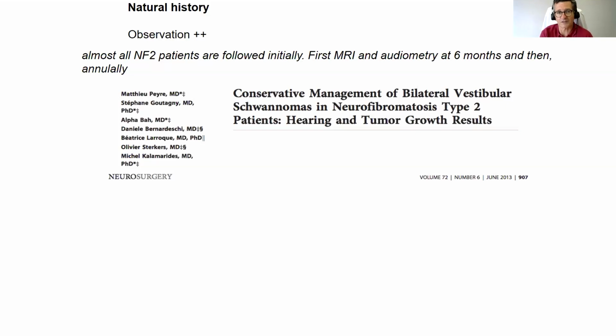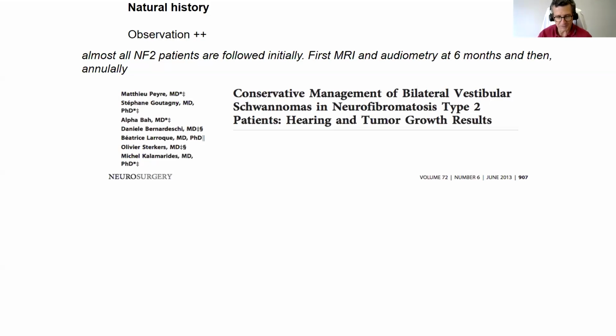I think that to start with vestibular schwannoma, the first most important thing is to understand the natural history. All the NF2 patients we can see are followed at the beginning. So it's very rare to have to treat in emergency an NF2 patient.